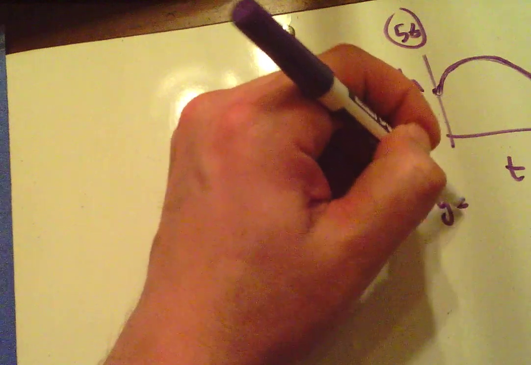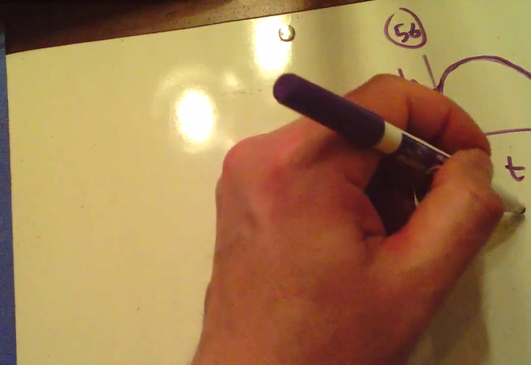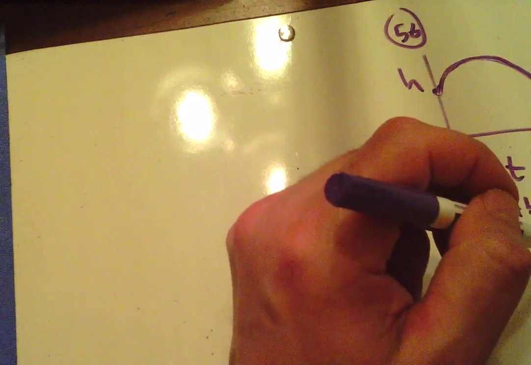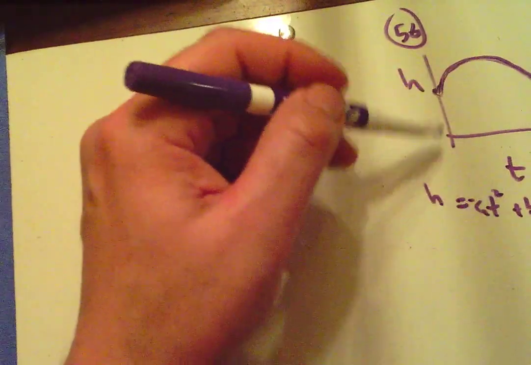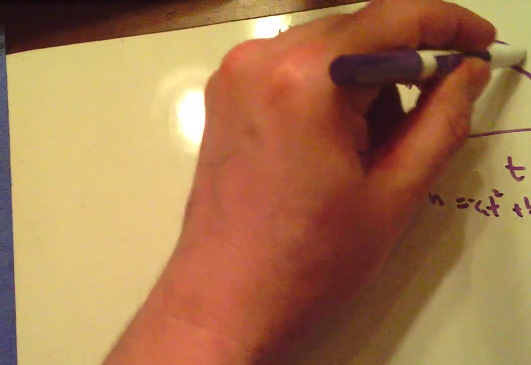If you alter the equation's C term, h equals at squared plus bt plus c, well, this does what to our parabola? It's going to shift our parabola up if we change this number. So if I add 1 to this equation, all the y values will be 1 higher.